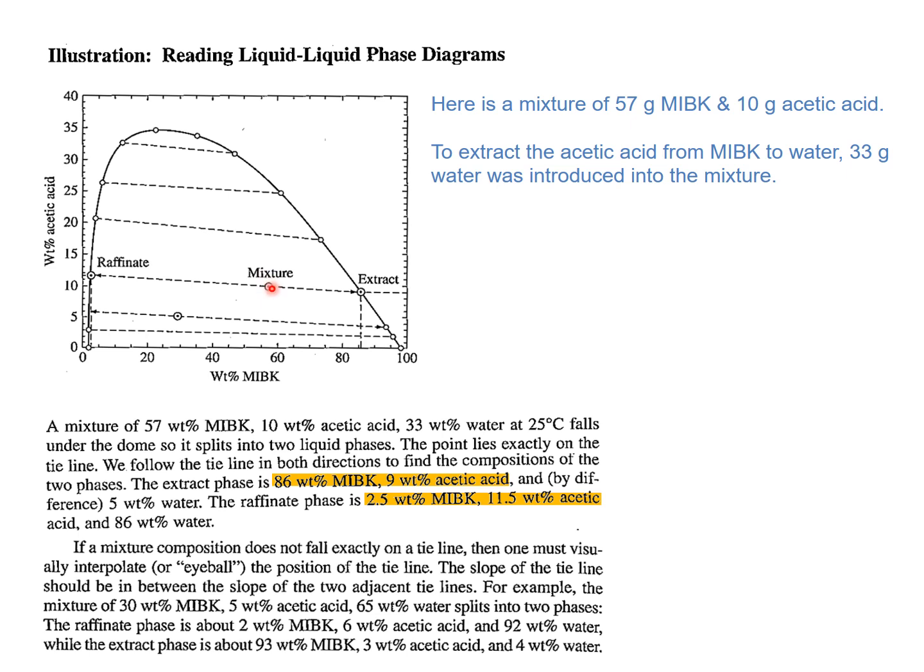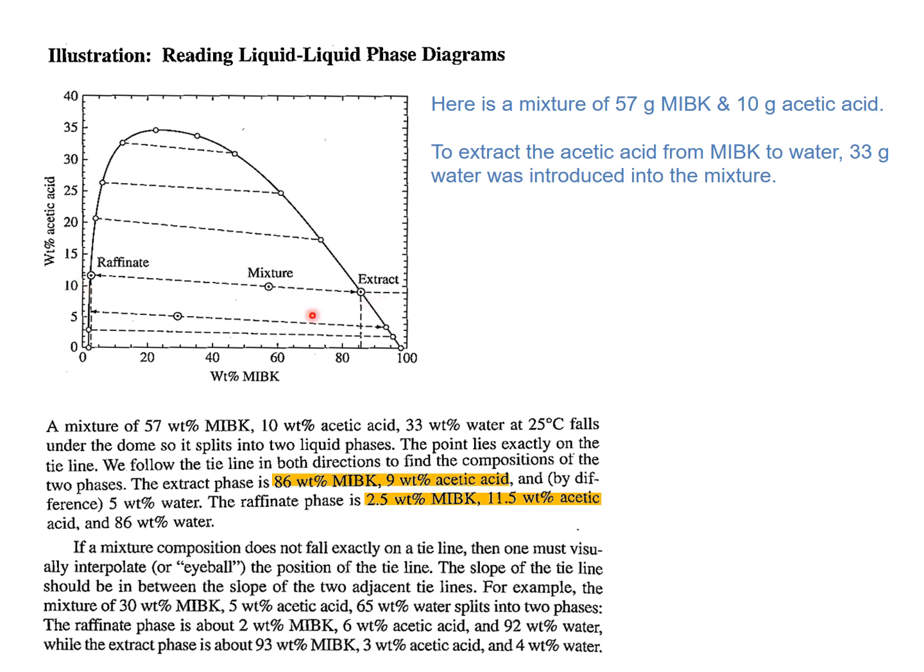So this single dot or point would split in two ways. One is going to the raffinate phase curve, and the other is the extract phase curve. In this case we should follow the tie line, not the horizontal line.